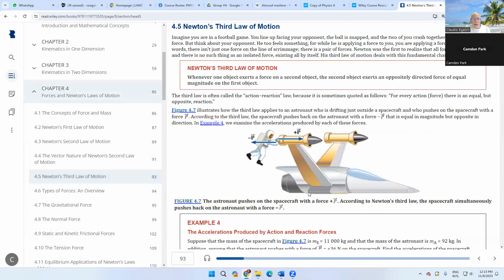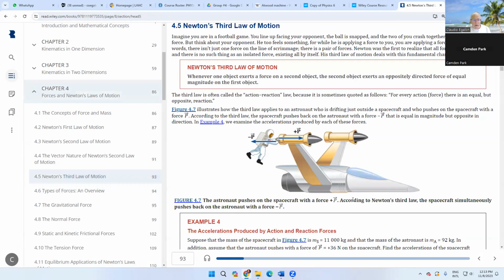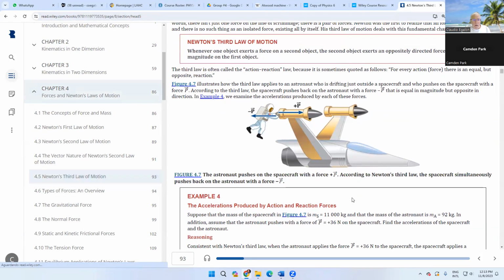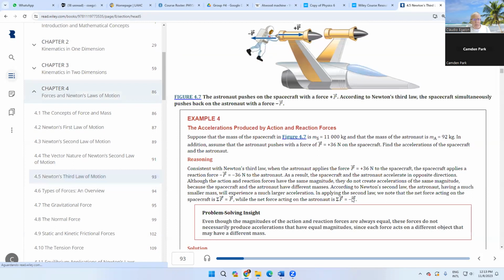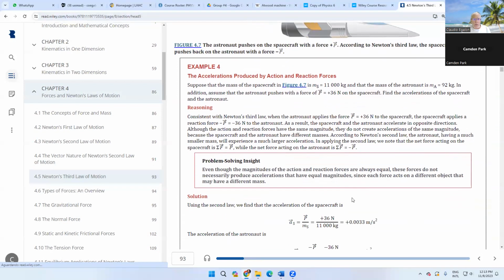Is that an example? Yeah, it's from the example, I think. Which example? Example 4. Yeah, that one. Yes. So I don't get why.